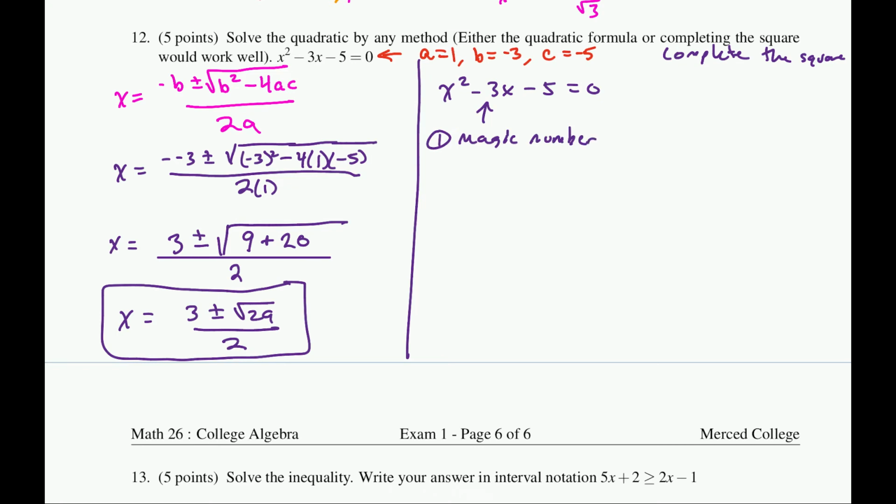And the magic number was b over 2 squared. And if you do that here, the b is negative 3, which is odd. I mean, literally an odd number, not odd like weird. So you end up with this, negative 3 over 2. And we don't really like having fractions on these. So that's why I would say that completing the square is not the best way to do this.